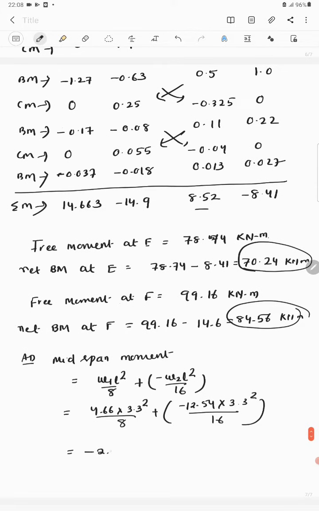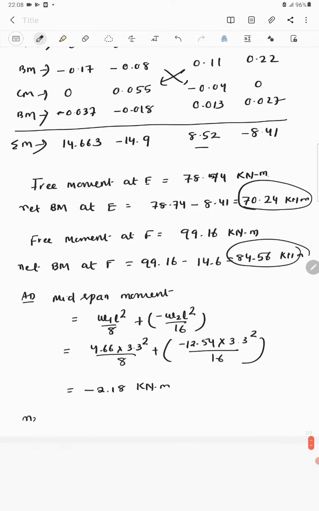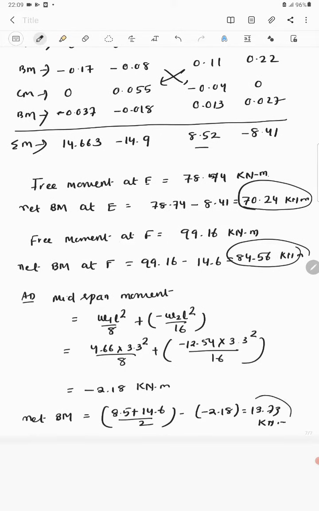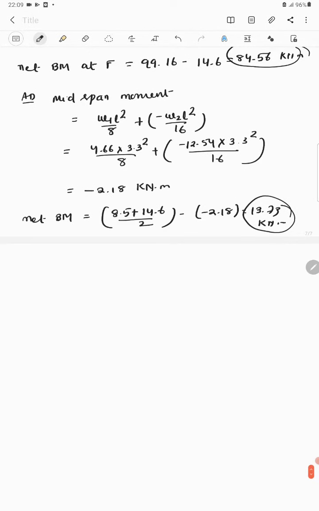This one is minus 2.18 kilonewton meter. The net bending moment is equal to the F fixed end moment, that is 8.5, 14.6 by 2 minus of minus 2.18, which is equal to 13.73 kilonewton meter. Okay, so now we can draw this.